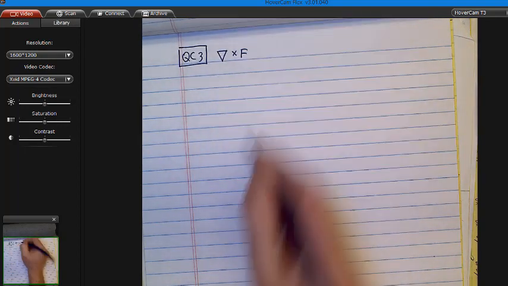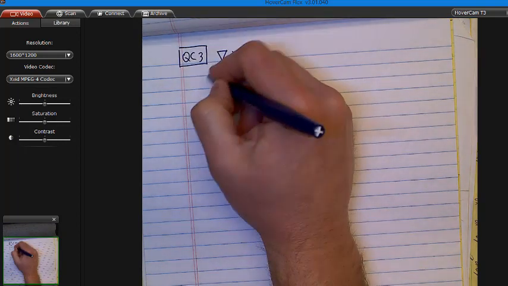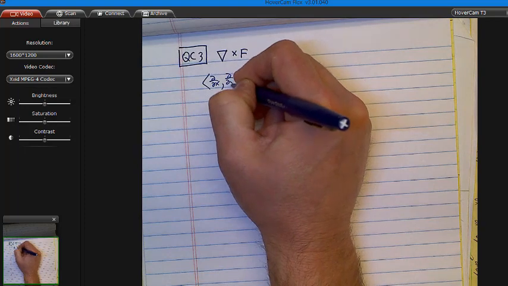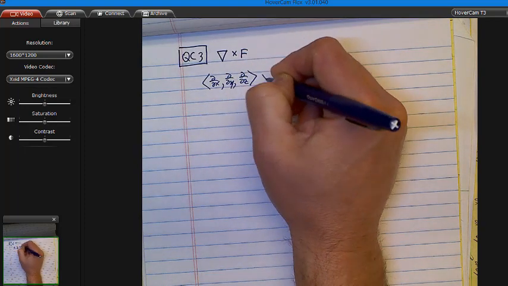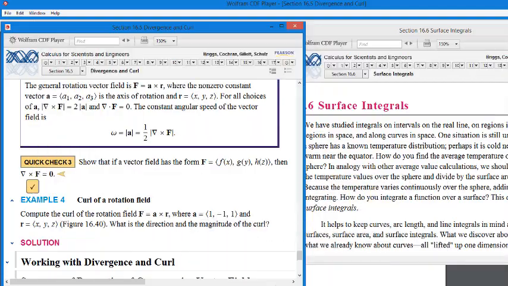Right? We have to compute this. So again, what does that mean? It means we're taking the operator with d/dx, d/dy, and d/dz, and now we're doing a cross product with our vector field. It was f of x. So f is only a function of x, g is only a function of y, and h is only a function of z.